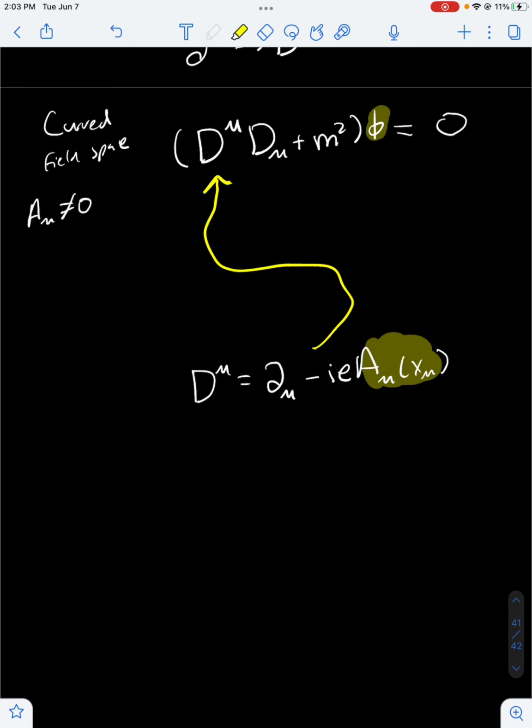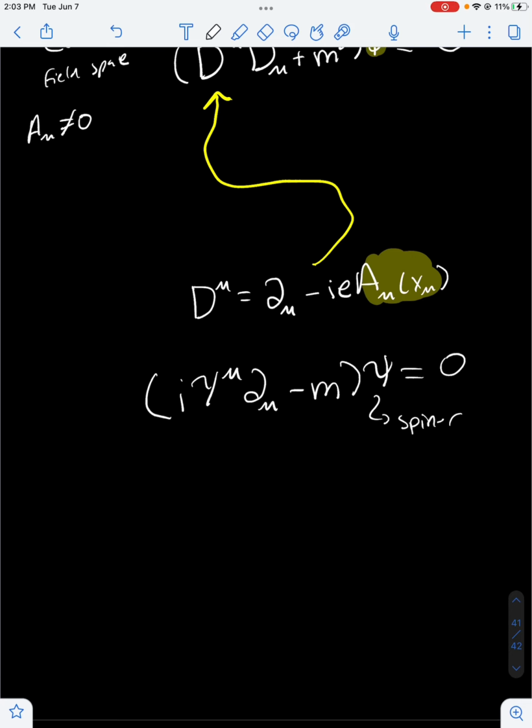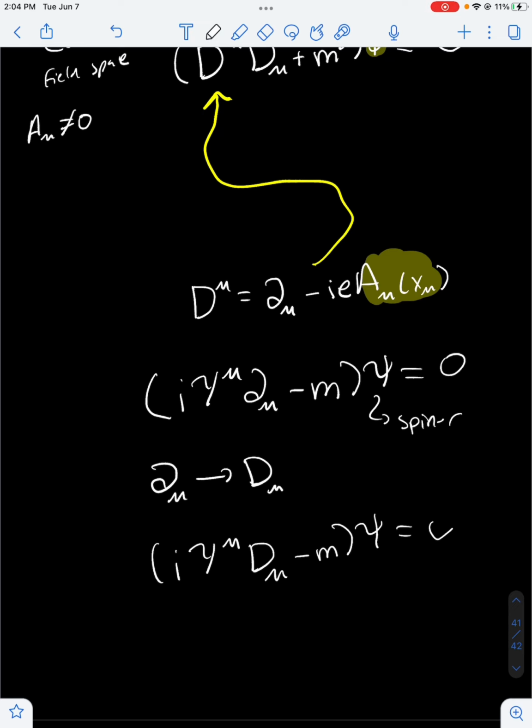We can do the same thing for the Dirac equation. The Dirac equation in flat field space is i gamma mu partial mu minus m psi equals 0, where psi is just a spinor field. Again, we can just change partial mu for the covariant derivative, and we get i gamma mu big D mu minus m psi equals 0.